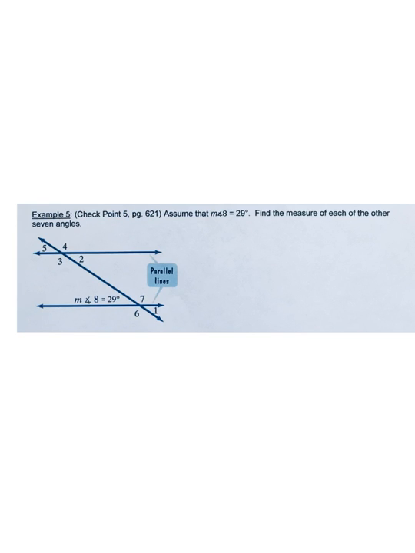Example 5 says, assume that the measure of angle 8 equals 29 degrees. Find the measure of each of the other 7 angles. I see there's a label here that 2 out of the 3 lines are parallel lines. Parallel lines do not have any points in common. They never ever intersect.